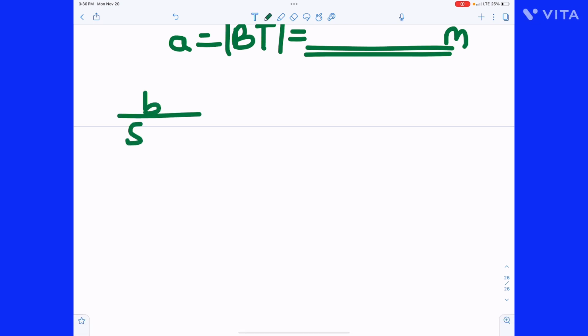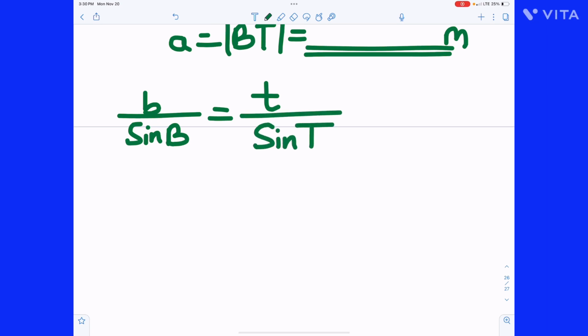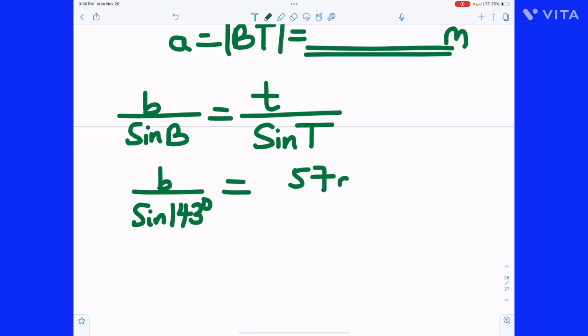B over sine B is also equal to T over sine T. What does that give you? Okay, B is small letter B, but angle B is 143 degrees. So B over sine 143 is T, which is 57 meters. I don't need the meters there.